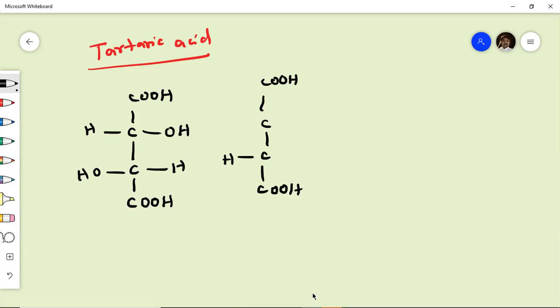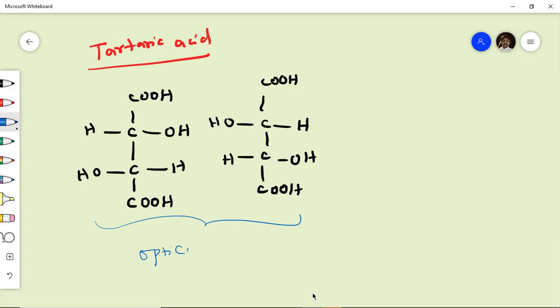This is H, OH, OH, H. Now, if you keep these optically active forms like this, there is no problem. They will show optical activity. These two are said to be optically active forms.